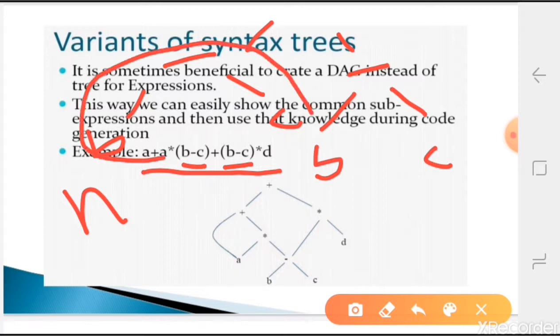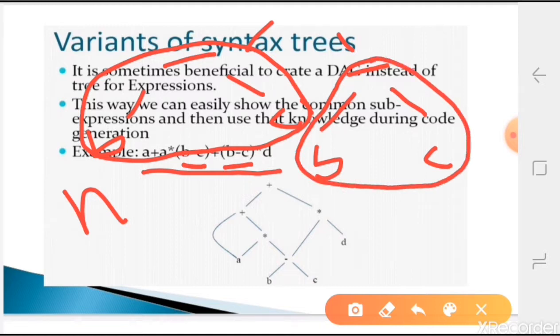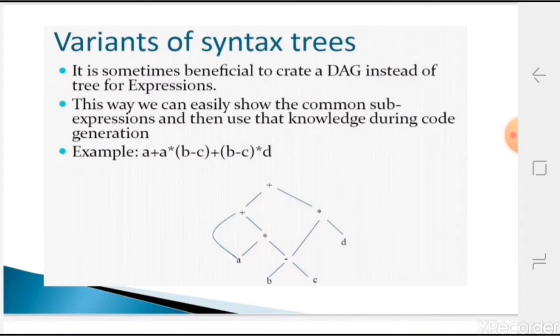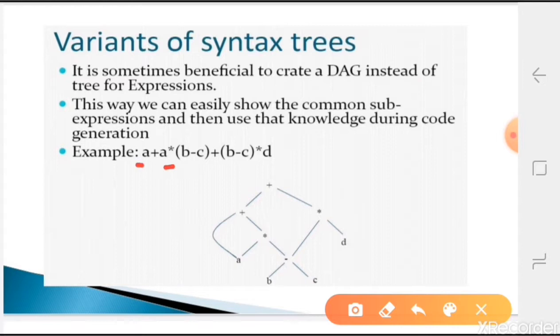This part is already there, but it comes again. So in implementation, the entire part will repeat. However many times we use the same variable inside an expression, that many times it will repeat. Here a occurs twice, so it will repeat twice in our tree, and in implementation also it will repeat twice.